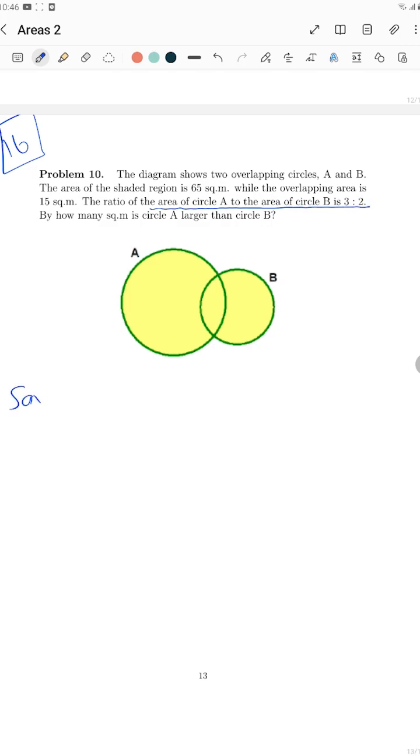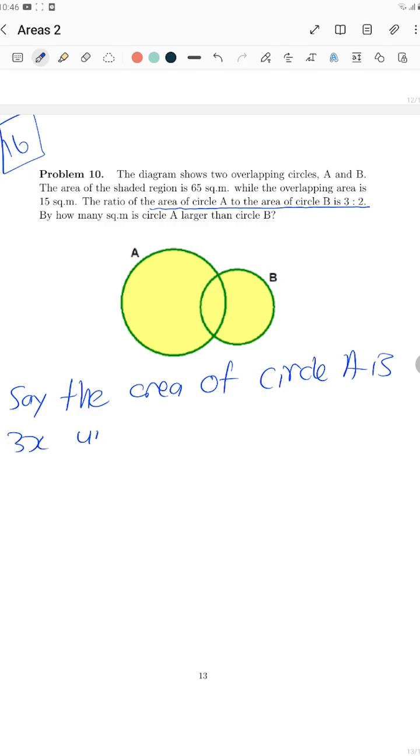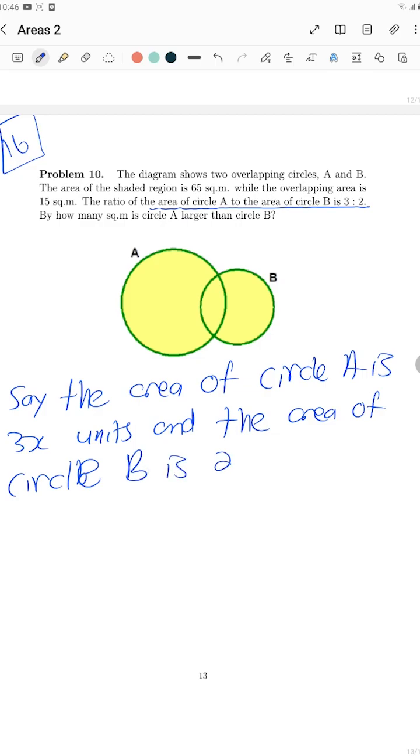So say the area of circle A is 3x units, and the area of circle B is 2x units. Okay, now we are told that the overlapping part is 15.